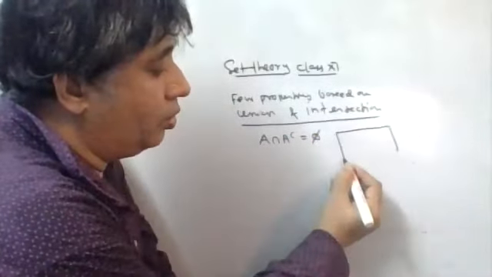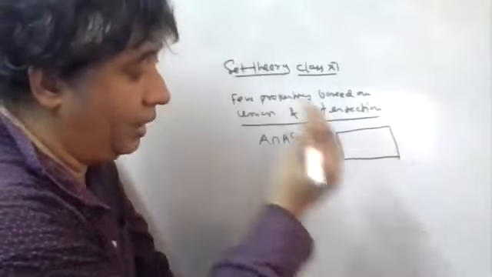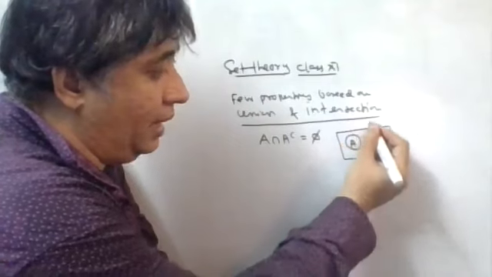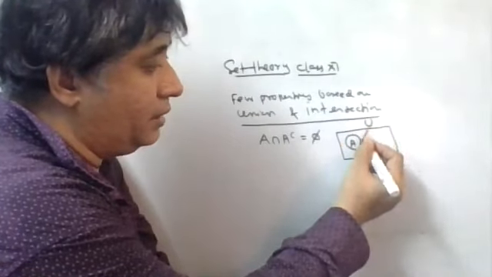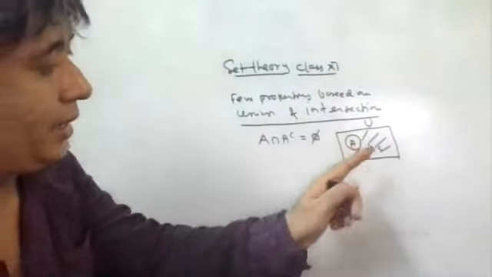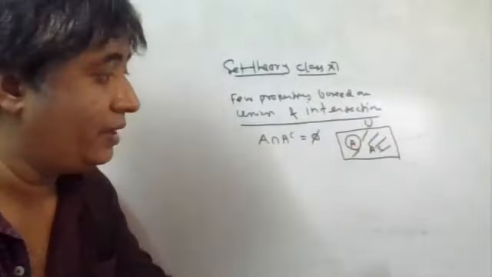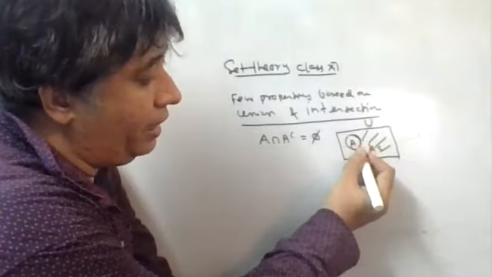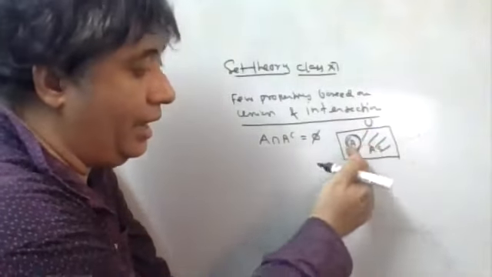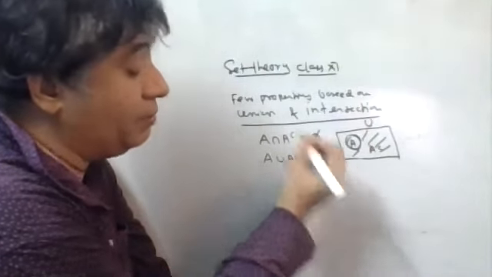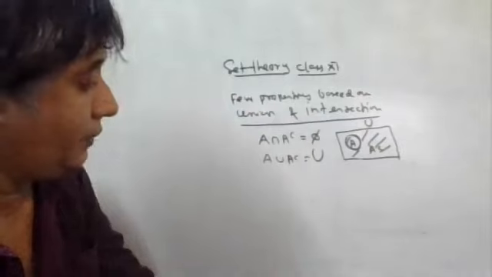We have gone through a figure. This is A, this is the universal set, and this part is A complement. So A and A complement do not have any common region. And if I unite A and A complement, A union A complement, then I will get the universal set. Okay?